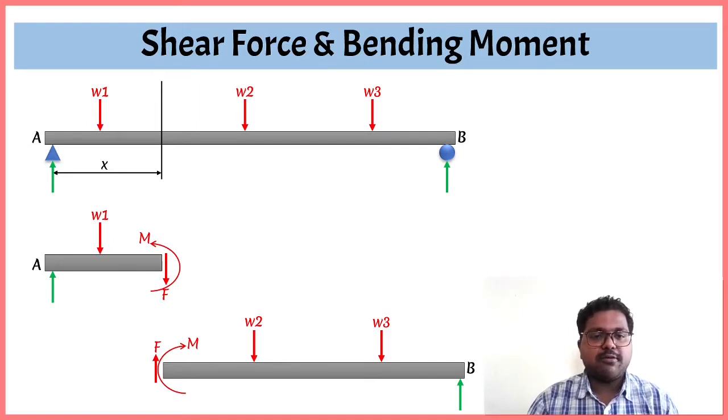So here the force F which is acting at the cross section is the shear force, and the moment M which is acting at this cross section is the bending moment. From this, let us see how we are defining this shear force and bending moment now.